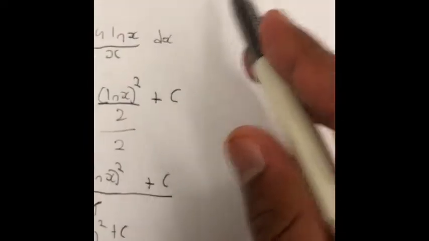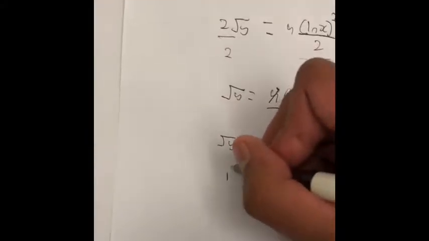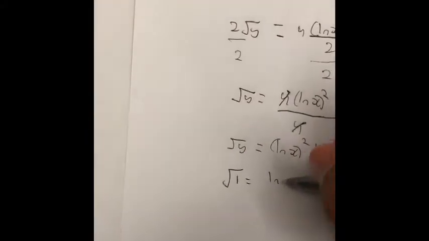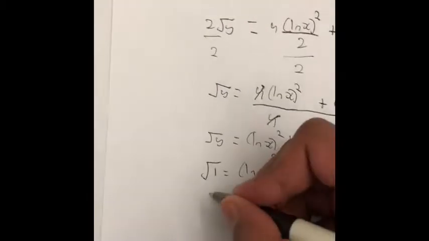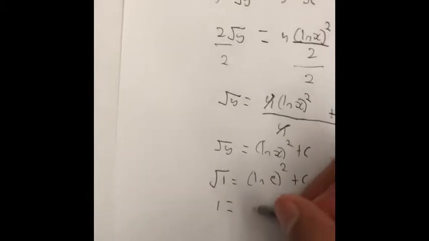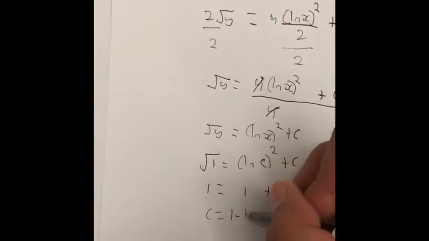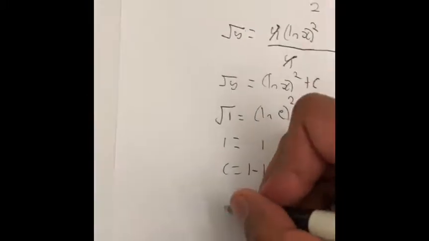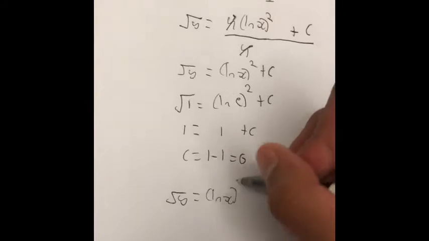Let's use the initial values to find c. Y equals 1, square root of 1 equals ln e squared plus c. So it will be 1 equals 1 plus c, which gives us c equals 1 minus 1, which is equal to 0. So our final equation will be y equals ln x squared.